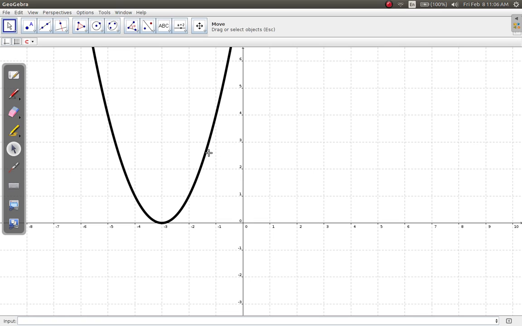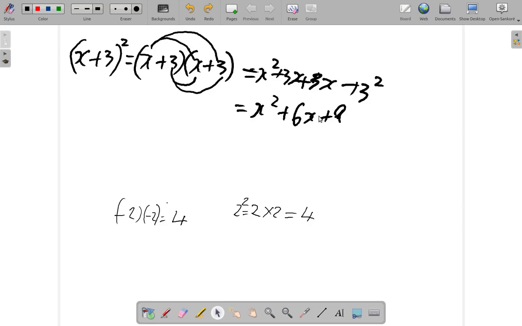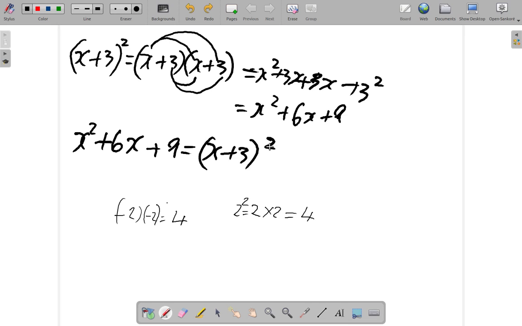So you see, x squared plus 6x plus 9 can be written as x plus 3 all squared. Now what this tells you, what this inside the bracket tells you, is that the curve x squared will move horizontally 3 places to the left.